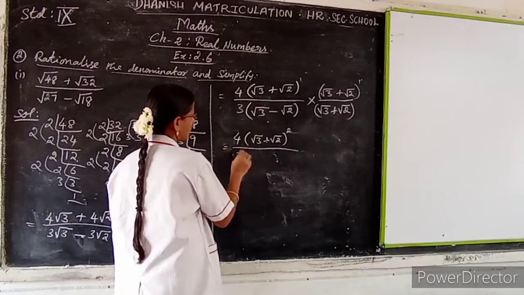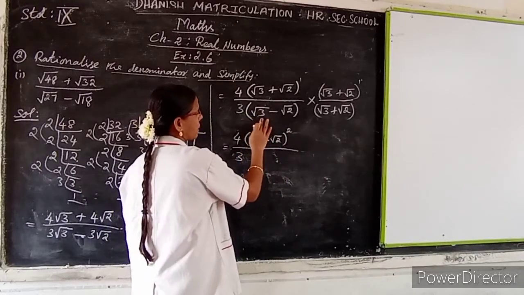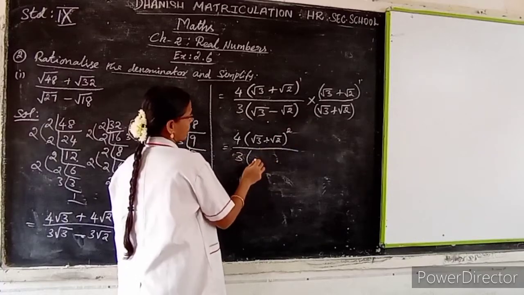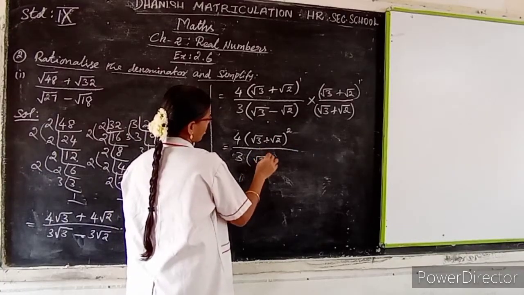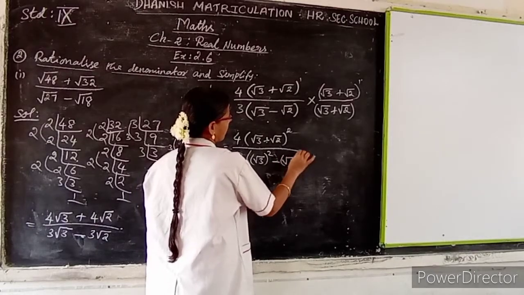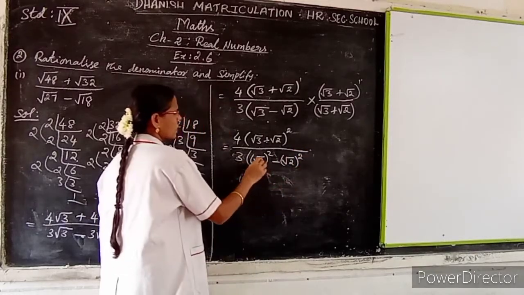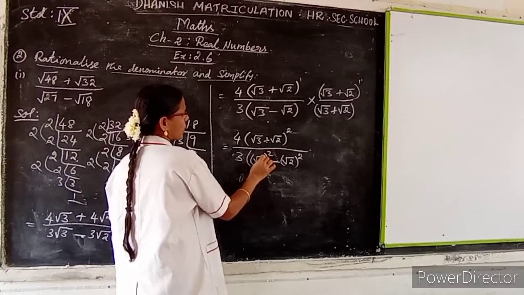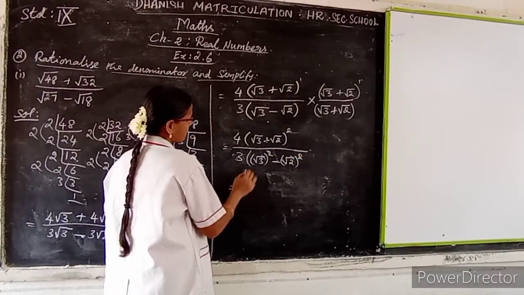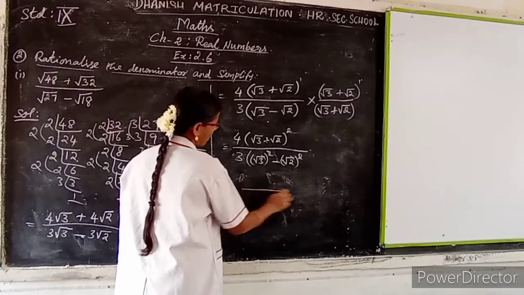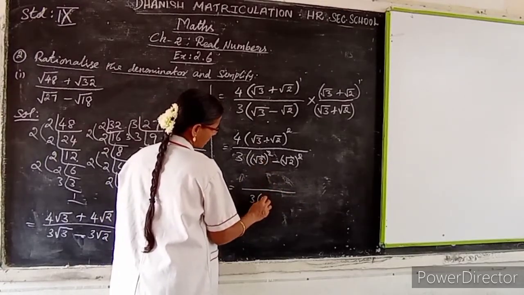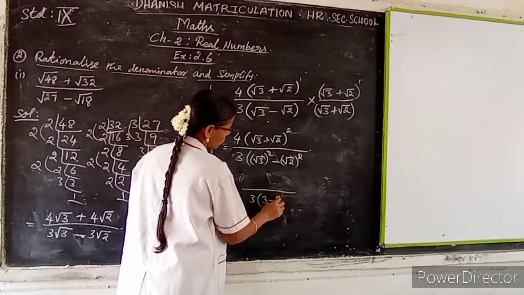The denominator, a minus b into a plus b, means a square minus b square is the formula. So root 3 square minus root 2 square. Now the square root and square get cancelled. The remaining terms in the denominator are 3 minus 2.